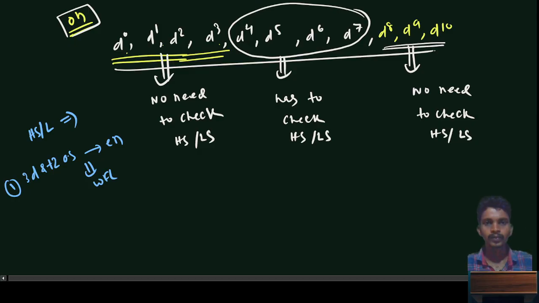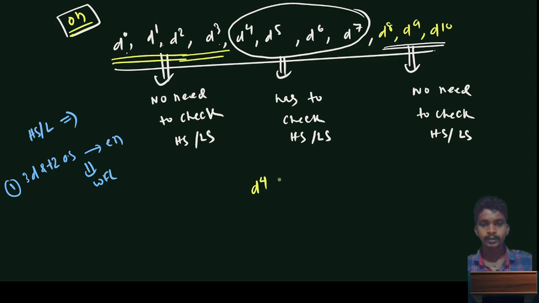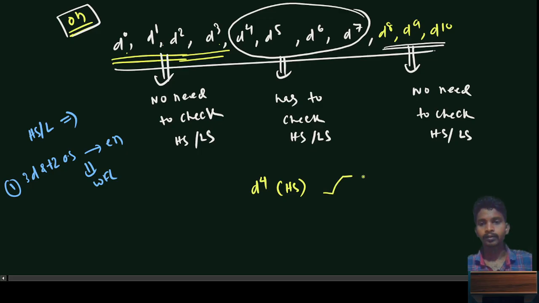For this case we will check high spin or low spin complexes. If it is d4 and high spin, then you place electrons 1, 2, 3 and 4. Now if you want to calculate the CFSE, how will you calculate it?